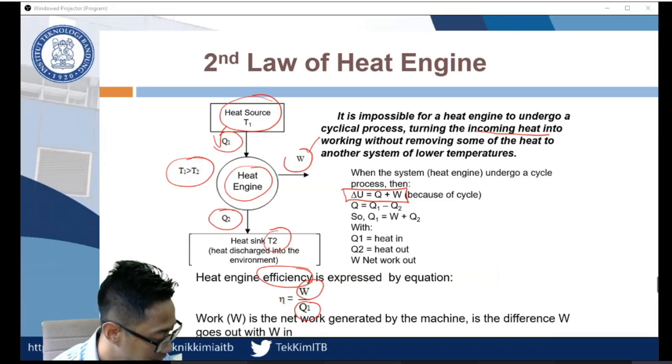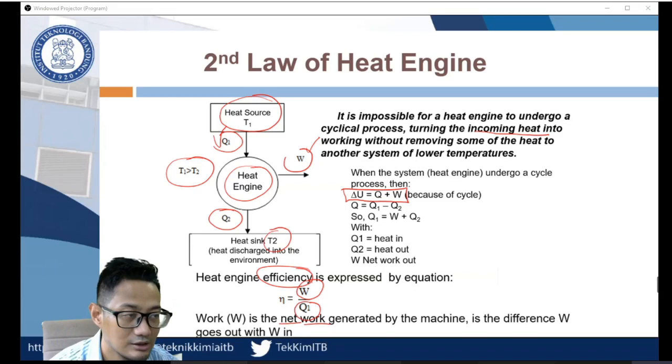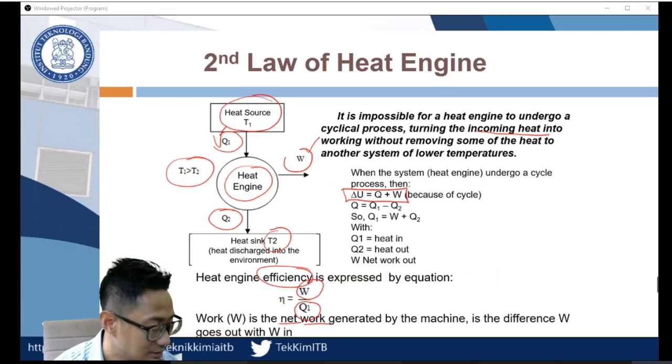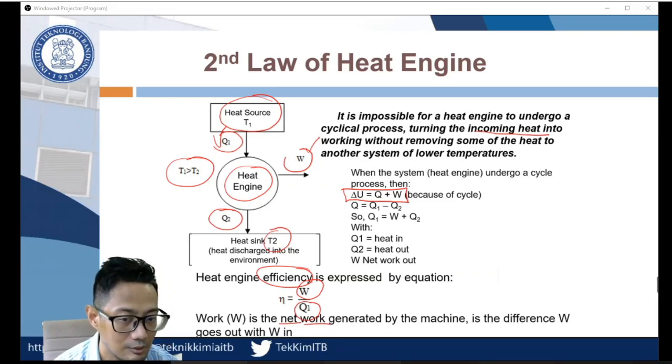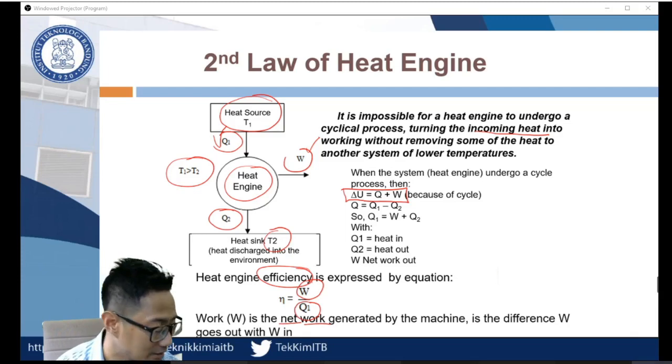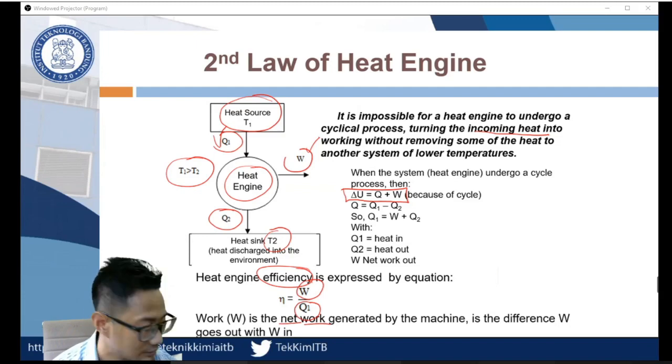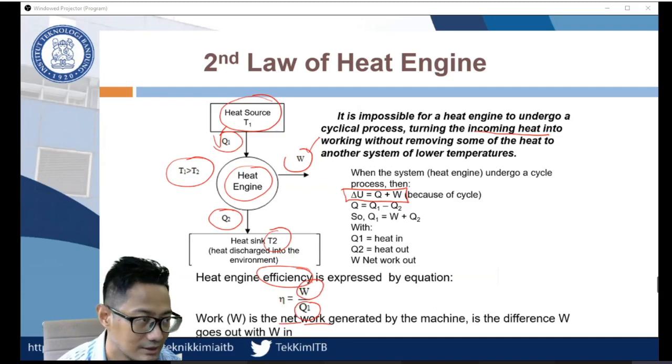This W is the net work generated by the cycle itself, by the whole machine. So later on we will see that this net work is basically work generated minus work consumed. So there will be a difference between the work going out and the work going in.